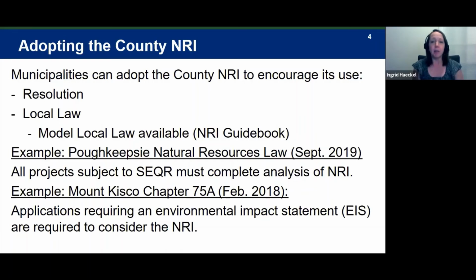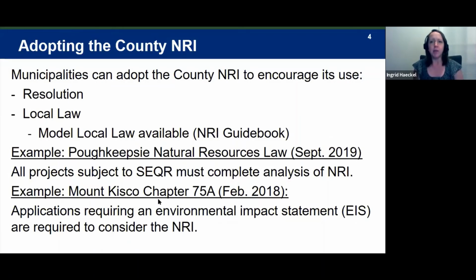And so they have been applying that, and it requires a basic resource analysis and evaluation of potential environmental impacts based on the NRI. The town of Mount Kisco down in Westchester County also adopted a version of that law for their NRI, but it's more limited in scope. It only applies to projects requiring an environmental impact statement. So there's 2 different examples of how that's been customized at the local level.